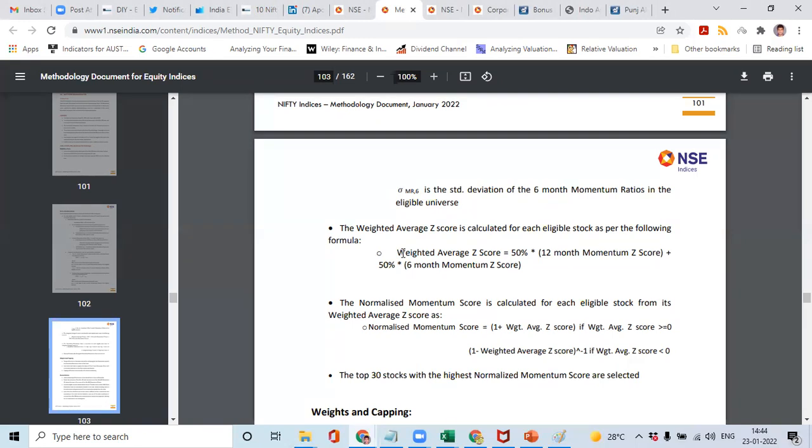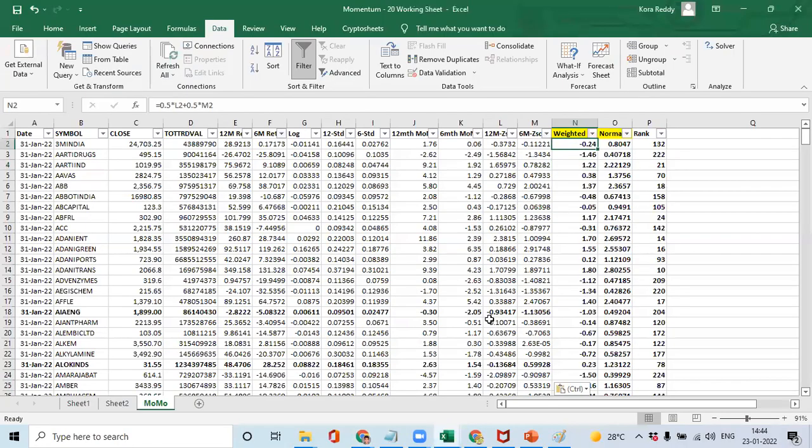If it is a negative number, put 1 divided by 1 minus that number. That's how you normalize. So everything will become now a positive number. That's what I have. If n2 is greater than 0, it is 1 plus n2. Otherwise, 1 divided by 1 minus n2. So everything now becomes a positive number.